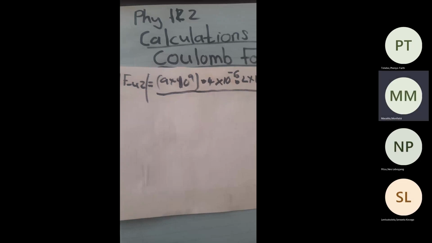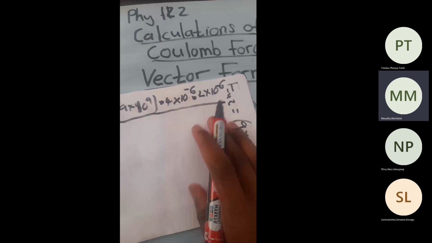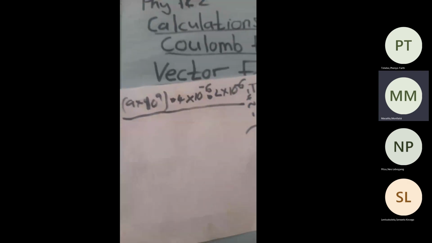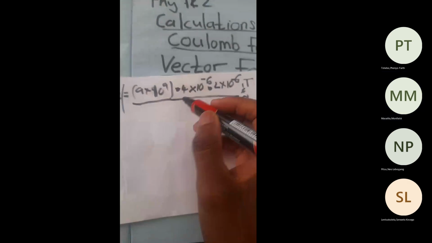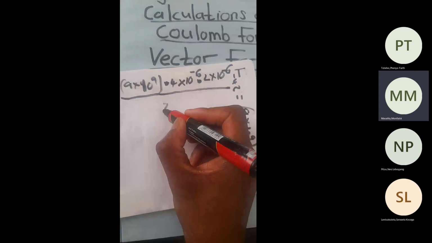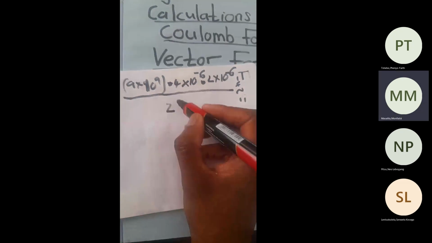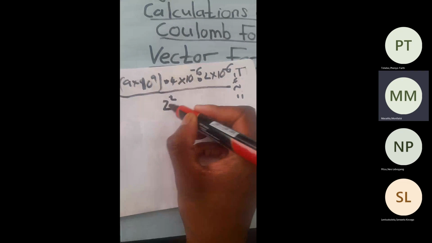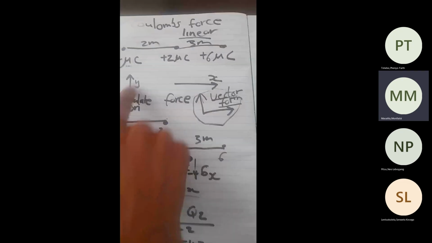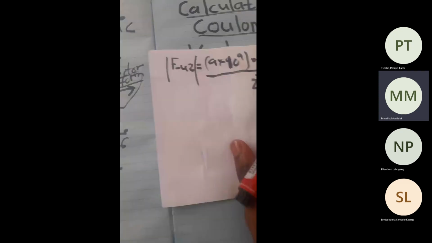Our value there is going to be 2 squared. I think we say that it is r squared, the distance between. So it's going to be 2 squared. This distance is always in meters. When you are given it in centimeters, make sure that you convert it to meters.